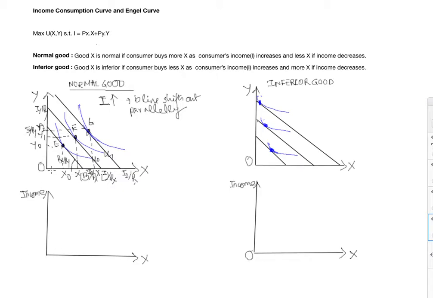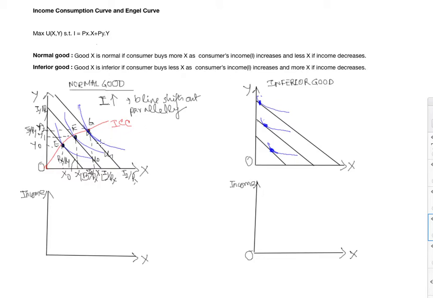Now we have these three equilibrium points. If we join these points with a curve, starting from the origin, this is known as the income consumption curve.